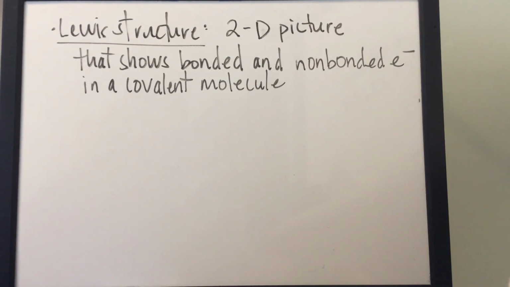Remember, covalent means two nonmetals, and electrons are shared. So this Lewis structure is really going to give us a picture, so to speak, of how the electrons are being shared in a molecule.